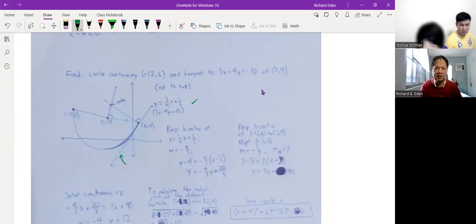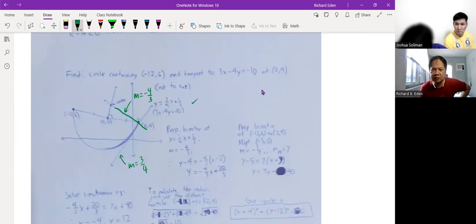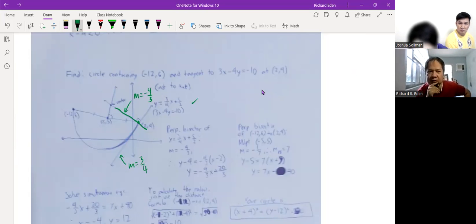Because here the slope is 3/4, that makes the slope for the radial segment negative 4/3. So your goal is to figure out the equation of this line, because the slope is negative 4/3 and it passes through the point with coordinates 2, 4. So this is what you got: y equals negative 4/3 x plus 8/3 plus 12/3, so 20/3.